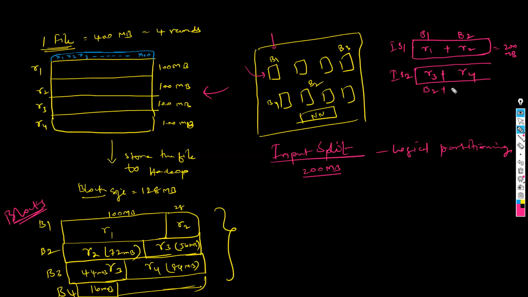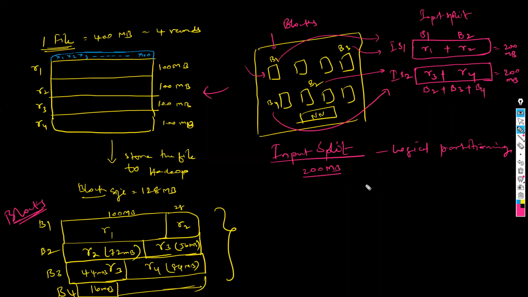Record 3 is available in block 3, and record 4 is available in block 4 as well. So this is 200 MB now. Like this. Remember, this is logical partitioning. This is physical partitioning, these are blocks, which are physical. This is input split, which is logical.